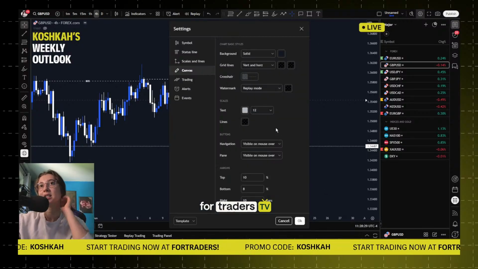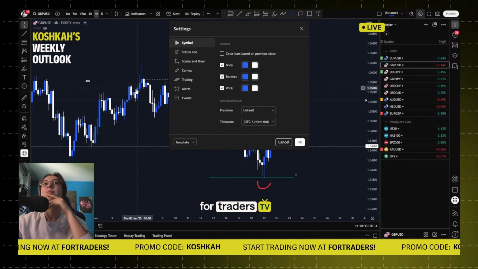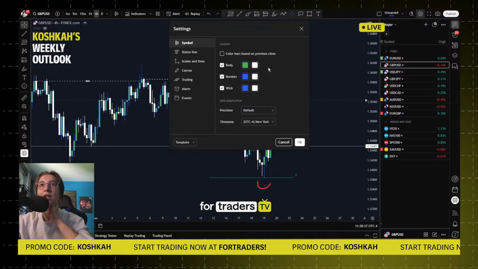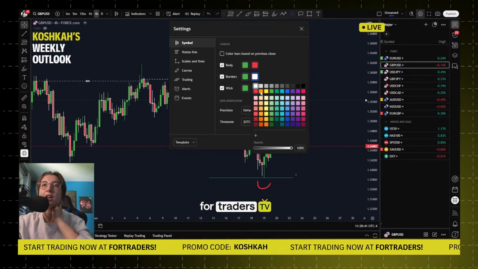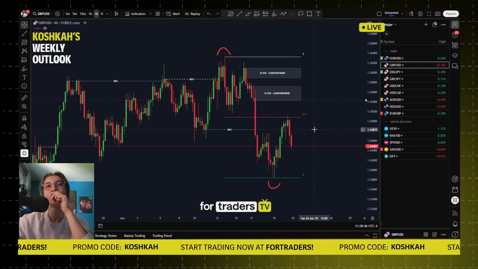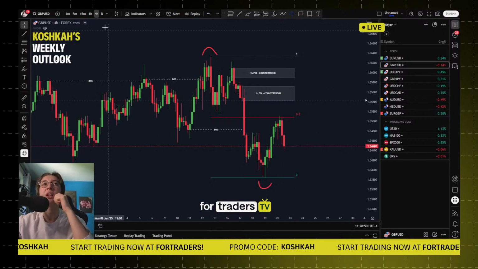And by the way, guys, I have my chart colors that are blue and white, but for education purposes, I'm going to change them to the basic chart colors, green and red, because green and red charts are the classic charts and a lot of people still have them.